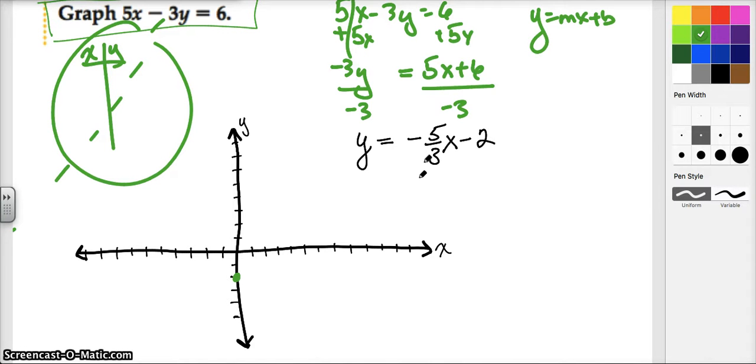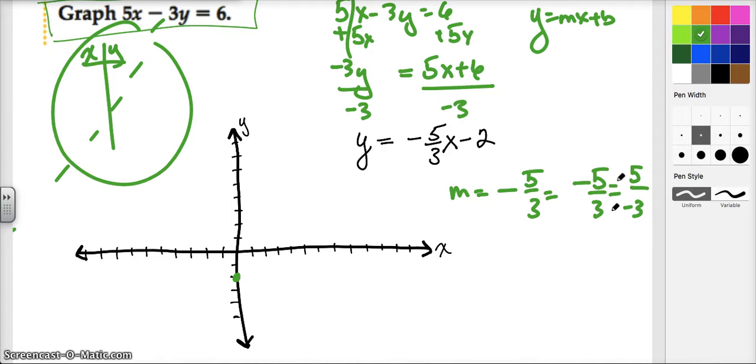I didn't write -1 2/3, because that does not help me as much as -5/3 will. The slope here is -5/3. It can be written as -5 divided by 3 or as 5 divided by -3, and I'm going to use that to move around in the graph.